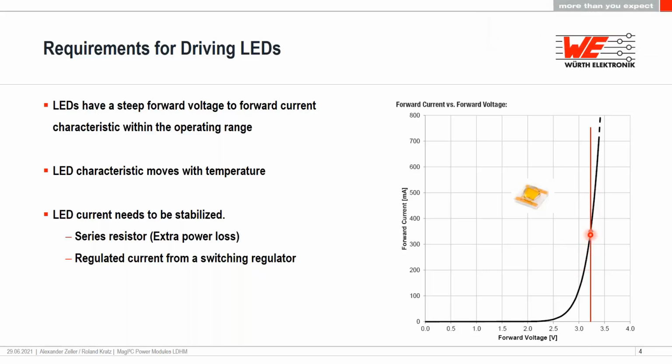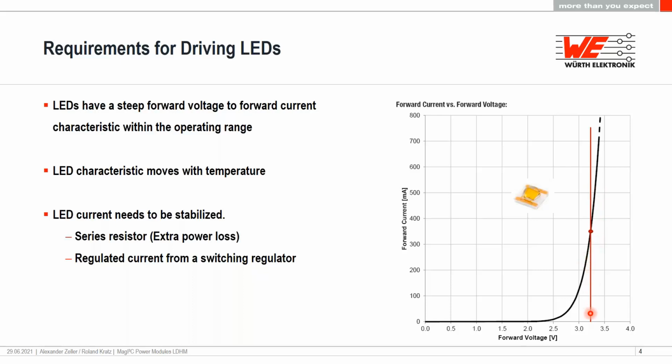This means the operating point moves in a very large range. So this can end up in overpowering the LED. For example, if you have a 350 milliamps LED and you increase your voltage too much, then you will exceed the maximum ratings for the LED, which is, let's say, in this case, 500 milliamps.